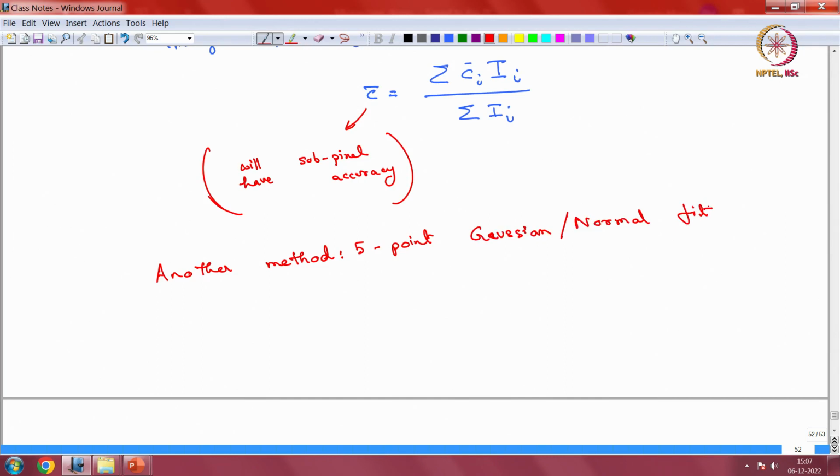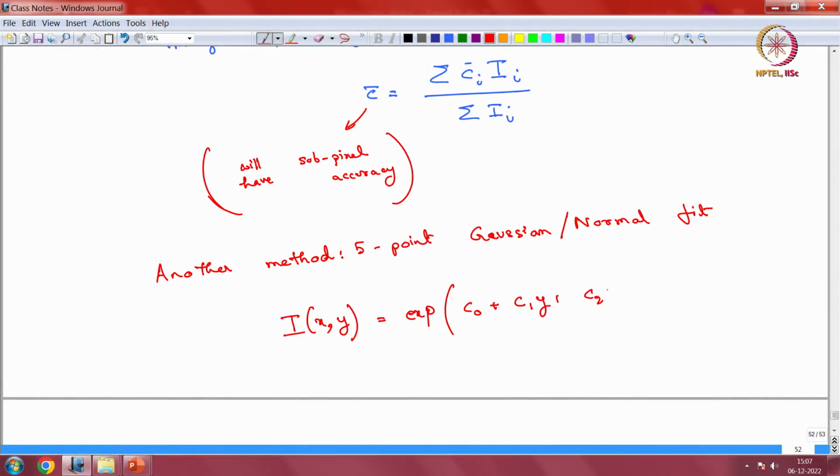So, given the intensities, what you can do is fit a curve, let us say the exponential, which has the form C0 plus C1 x plus C2 x square, sorry wait a second, let me correct this.